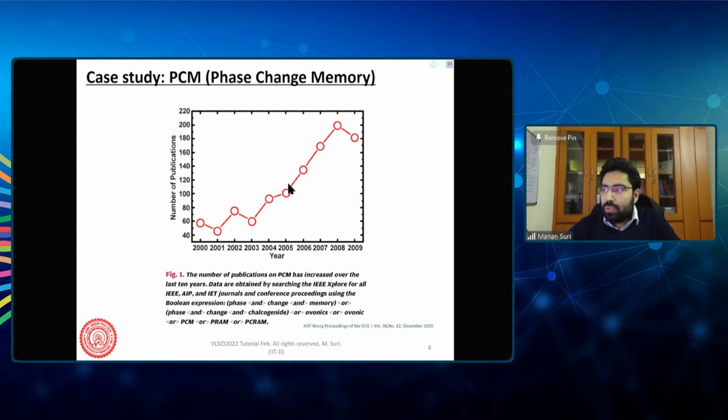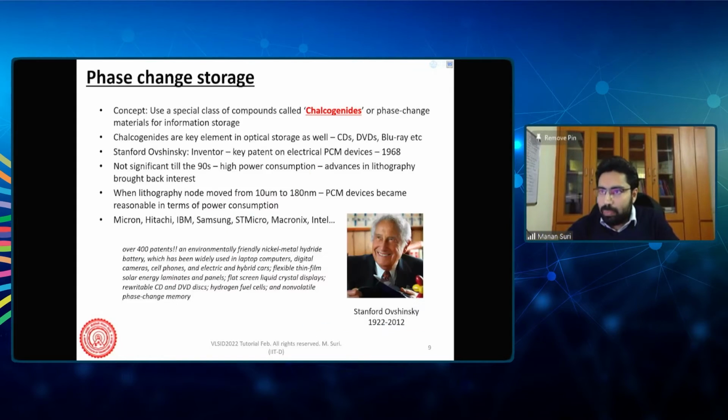Okay, so brief trivia about PCM. From the conceptual viewpoint, the concept of phase change to realize storage has been around for a while. It's not very new, even though the electronic PCM devices get classified as emerging NVM technology, the underlying concept or the broad physical concept has been around for a while.